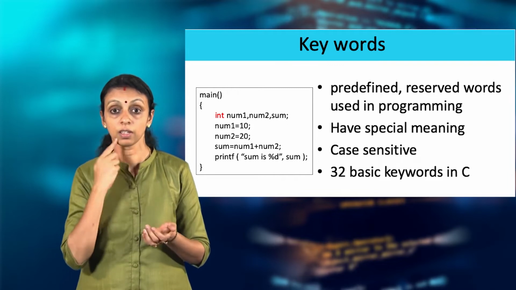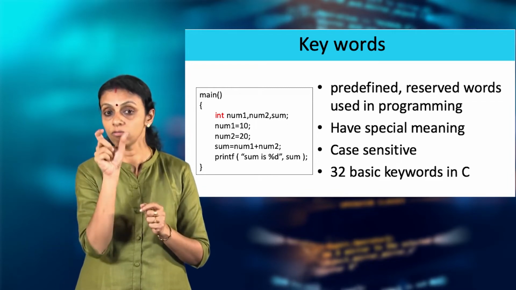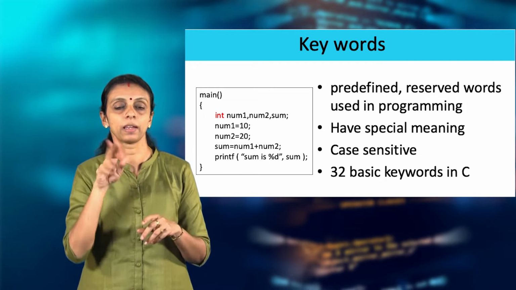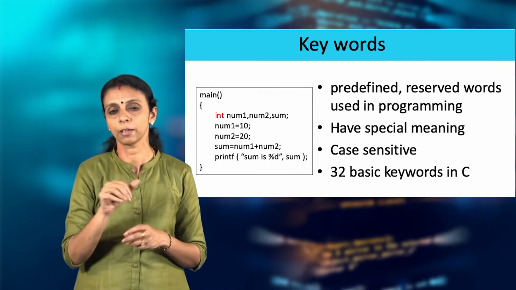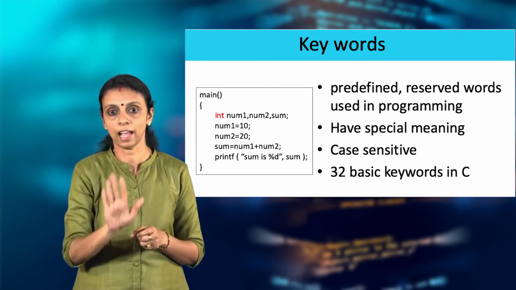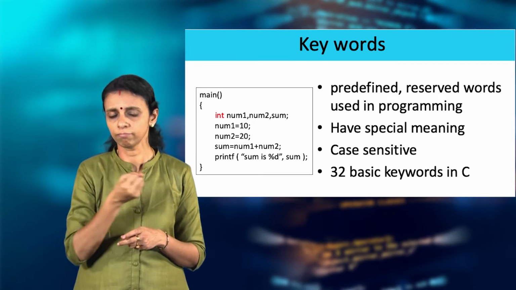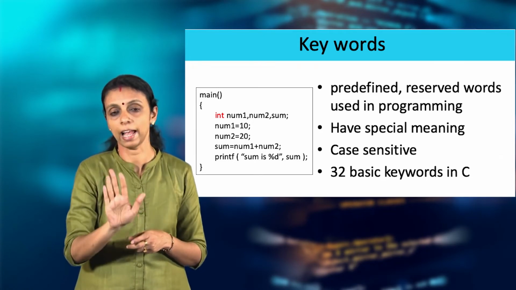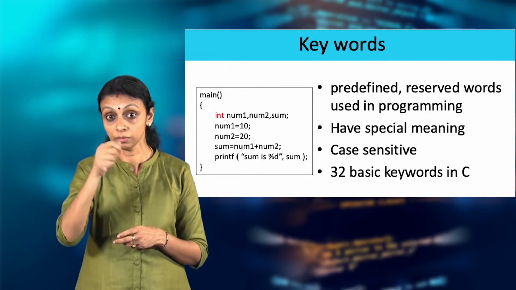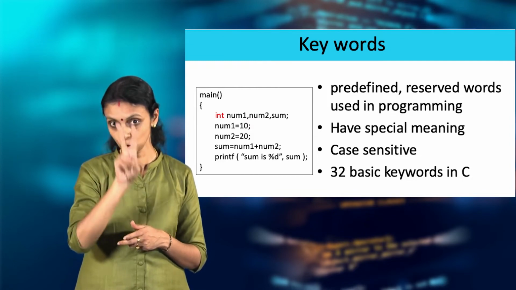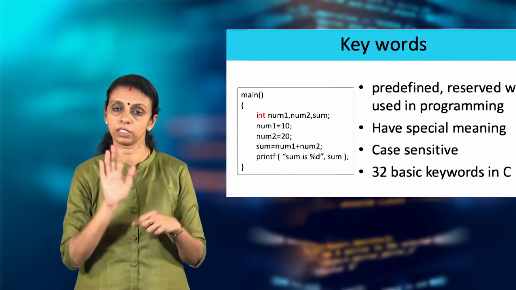So, int is a keyword which has a special meaning. Similarly, there are many other keywords used in C language. There are 32 basic keywords in C language.